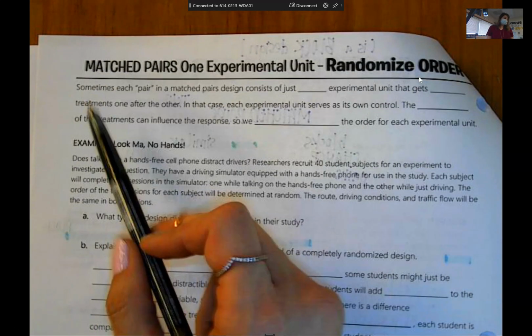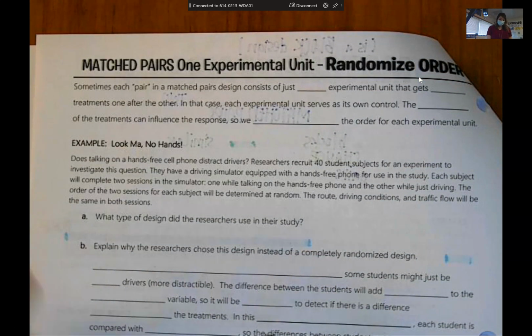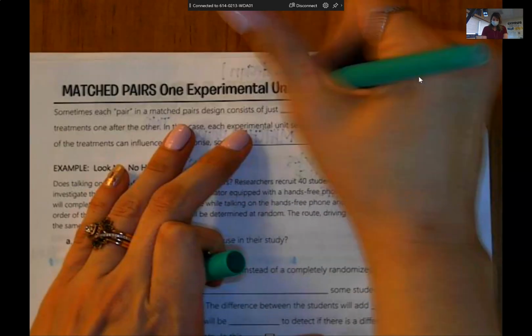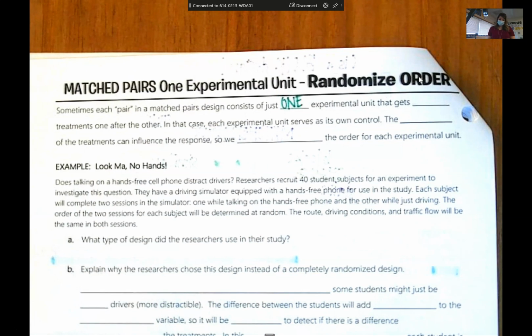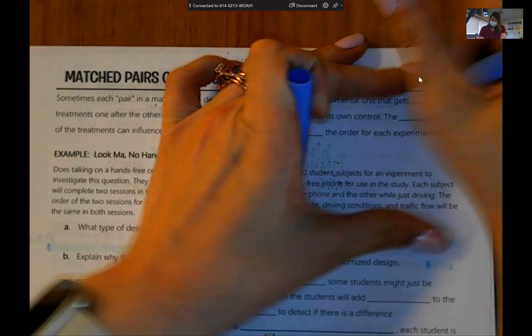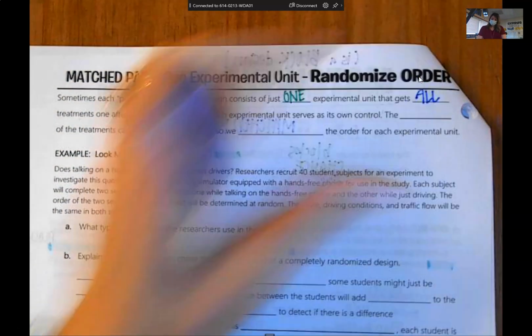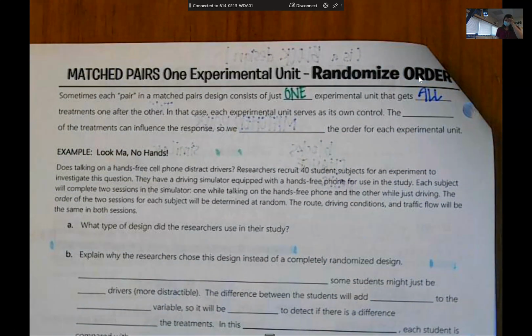So sometimes each pair in a matched pair design consists of just one subject that gets all treatments one after the other. In that case, each subject or experimental unit serves as its own control.